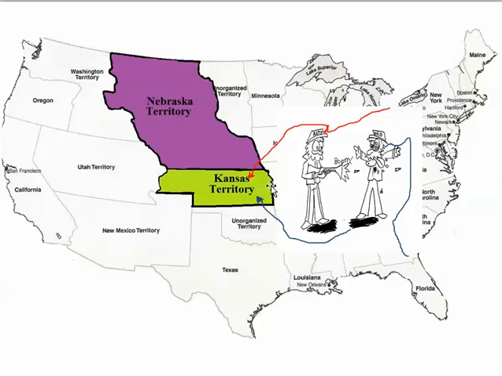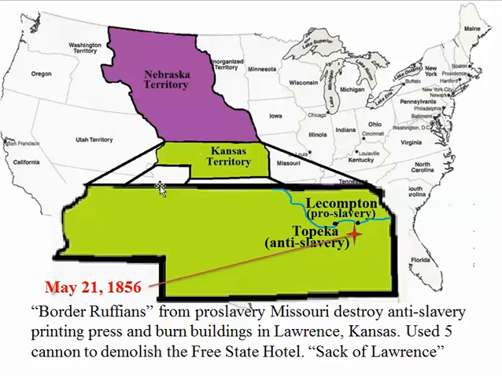Now, this is going to break out into some violence. Anti-slavery and pro-slavery people are going to become very violent with one another, and these series of violent attacks are going to happen out in Kansas. As examples, on May 21st, 1856, here at a place called Lawrence, Kansas, south of Lecompton, these border ruffians from Missouri, pro-slavery Missouri, who want slavery to be out in the Kansas Territory, destroy anti-slavery printing presses and burn down buildings in Lawrence, Kansas.